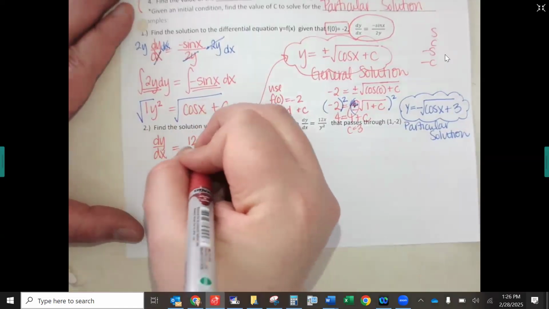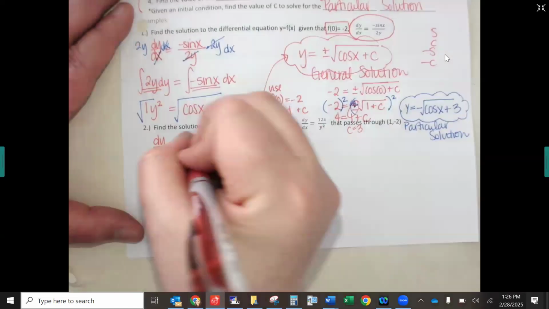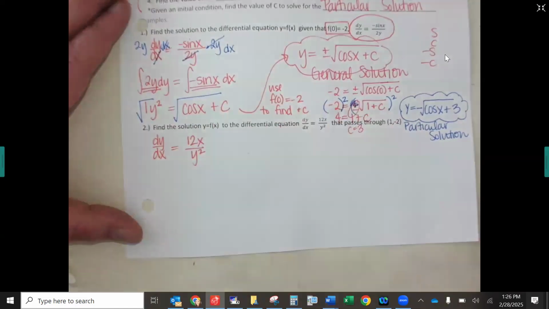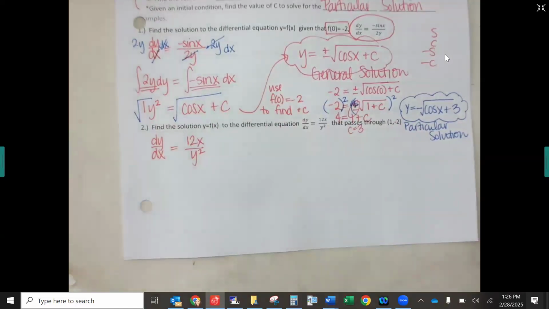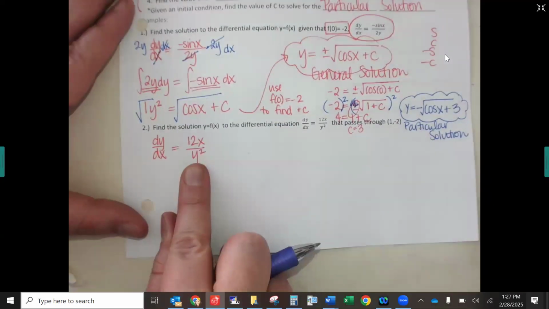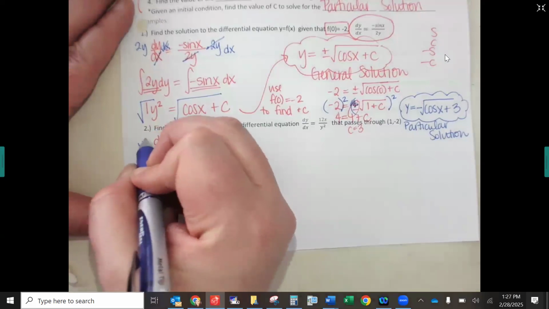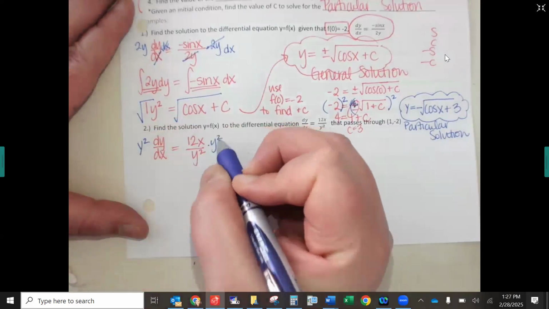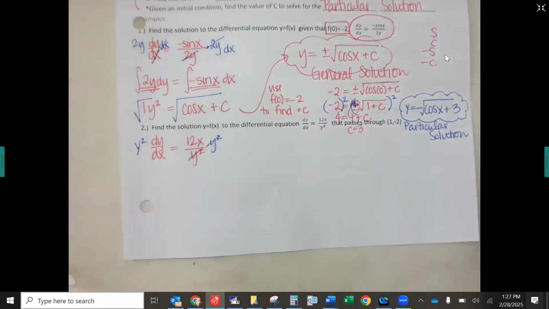If it's a 12x over a y squared, my y squared is currently divided. So to get it to the other side, how am I going to get rid of it? If it's a divide by and I want to undo it, I have to multiply. And when I multiply it on the right side, now my y squared is gone. My dx is also divided.